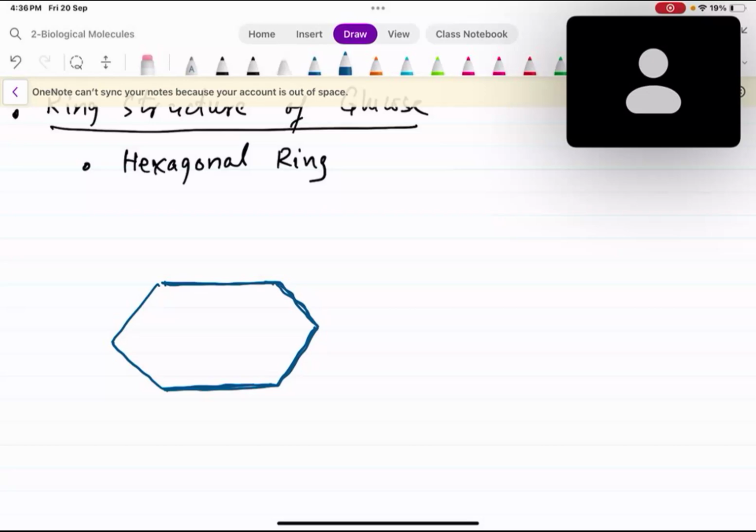This is a hexagonal ring. It has 6 sides, so that is why it is called a hexagonal ring.